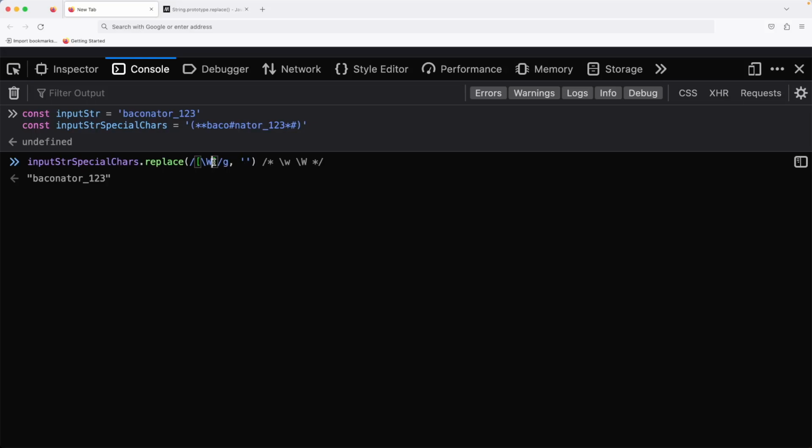Okay, if the capital W did not exist, I would have to insert a caret here, meaning not, or do not include, sort of like a filtering mechanism, like the filter method in JavaScript arrays.